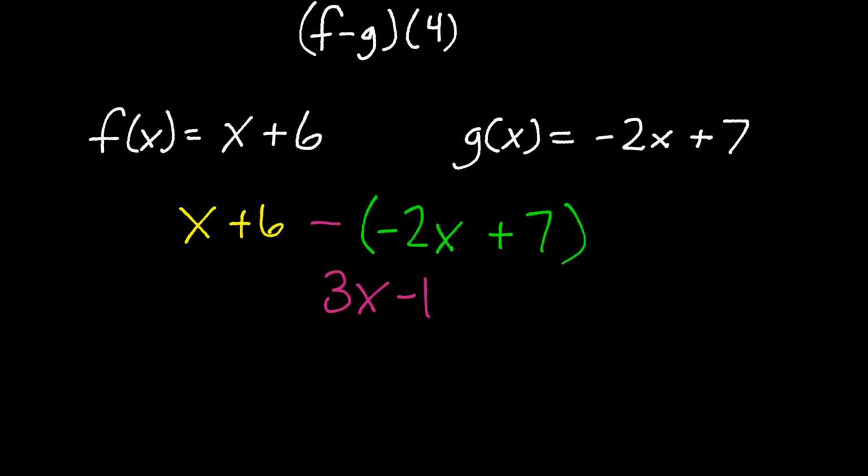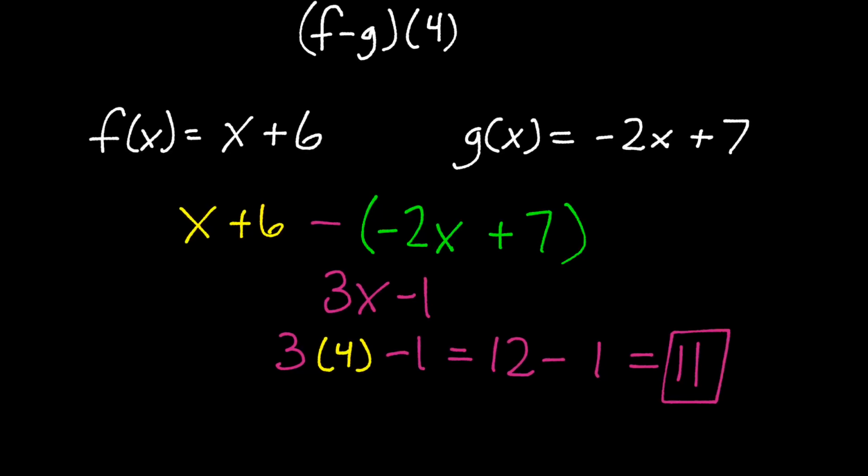So I can plug in, we've got 3 times 4 minus 1, which gives us 12 minus 1, which is 11. So our answer for this example, if we were subtracting the functions from each other, is just 11. Hopefully, not having too hard of a time with this so far.